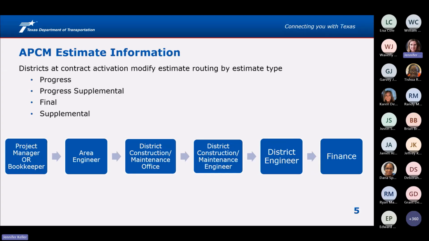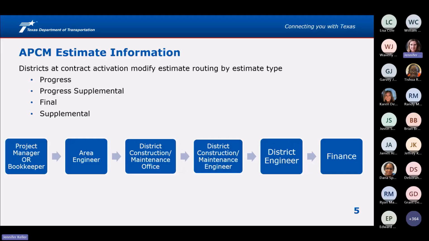Districts at contract activation will modify the estimate routing by the estimate type and establish those levels of approval or review prior to being transmitted to the finance division. And those will be able to be set specific to each of the types of estimate.